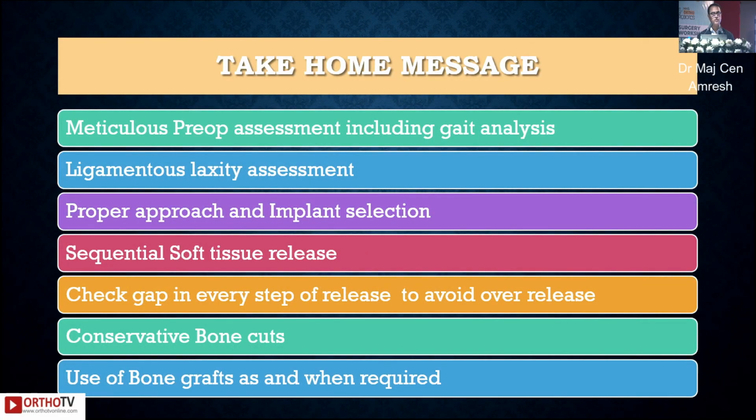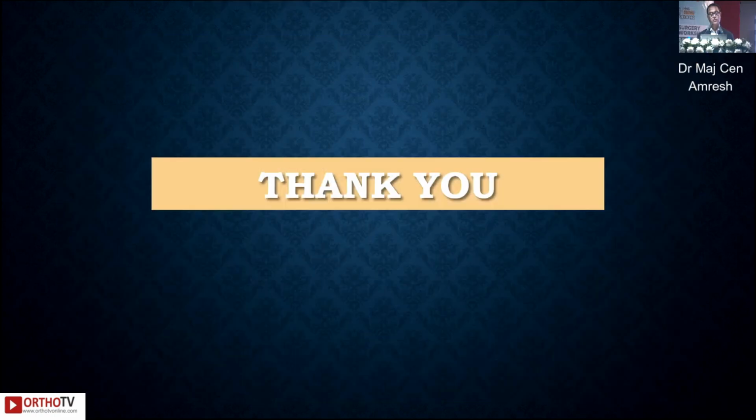So the take-home message, sirs, is a meticulous pre-op assessment, ligament laxity assessment, the proper approach, implant selection, whichever does well in your hands, sequential soft tissue release as was always taught in the basics, check gap balancing at every step of the procedure, keep the bone cuts as conservative as possible, use of bone grafts as and when required.